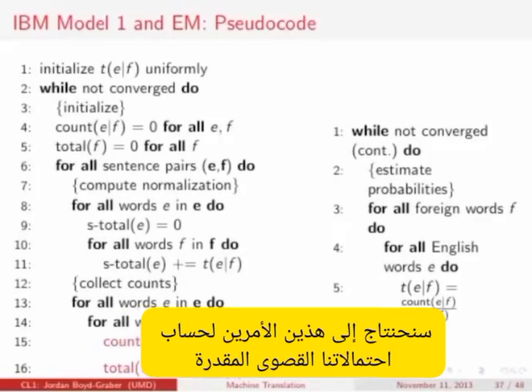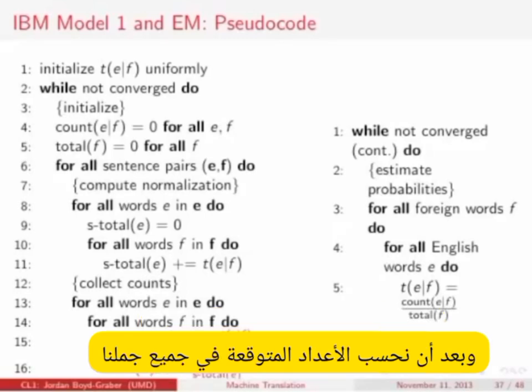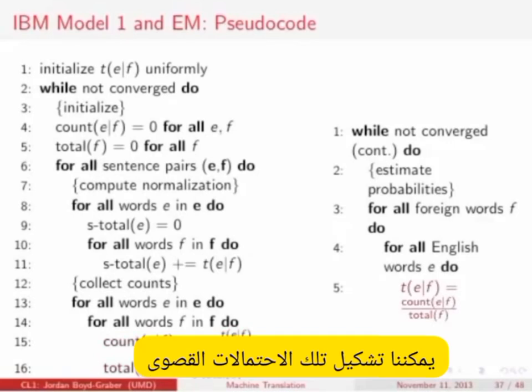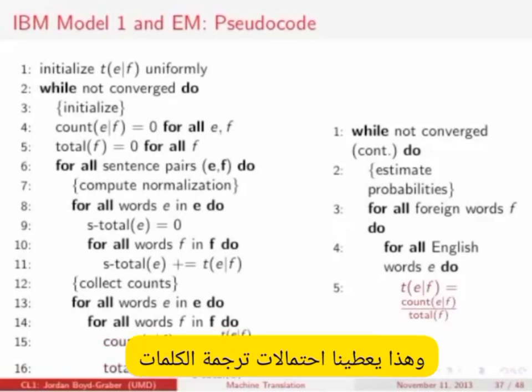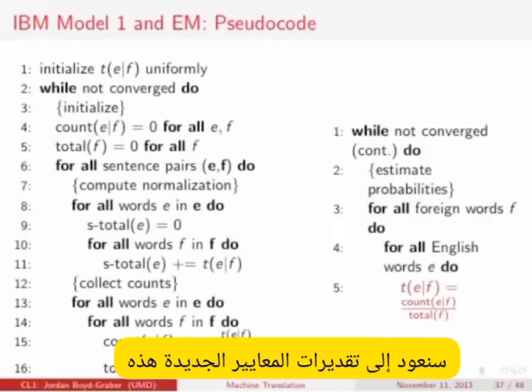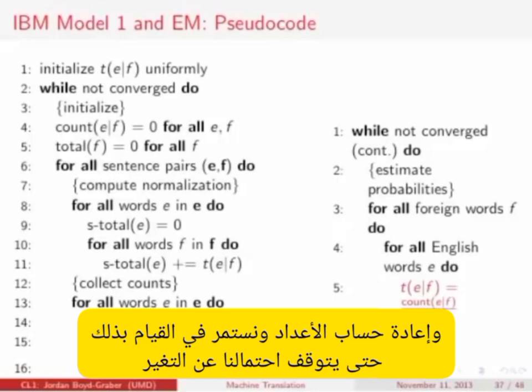We'll need both of these to compute our maximum likelihood estimate. After we've computed expected counts over all of our sentences, we can form those maximum likelihood counts, and this gives us our word translation probabilities again. We go back through with these new parameter estimates and recompute the counts, and we keep doing that until our probabilities stop changing.